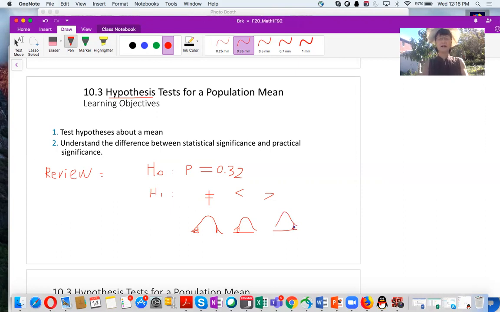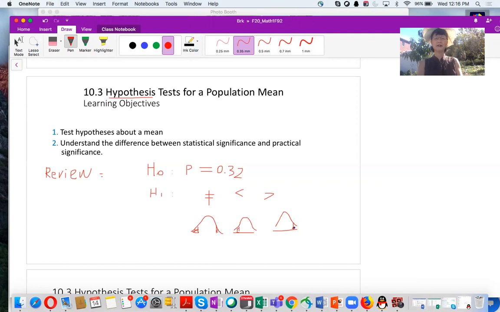Okay. And when you test hypothesis, you may have a chance to make mistakes. Those mistakes are type 1 error and type 2 error. Type 1 error is when you reject null hypothesis, but as a matter of fact, the null hypothesis is correct.